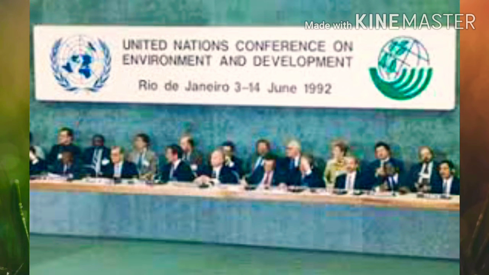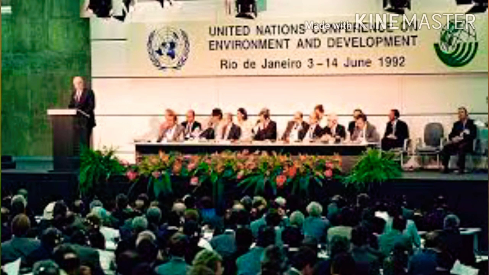To give importance to the idea of sustainable development, an international conference was held as the first International Earth Summit in June 1992 at Rio de Janeiro in Brazil, on the initiative of UNCED, that is the United Nations Conference on Environment and Development. In this conference, 100 countries met in Rio de Janeiro in June 1992.